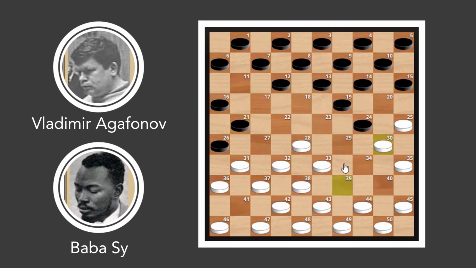Vladimir answered this move by playing 12-18. He moved from 12 to 18. And Babasai replied by playing 44-39. So again, if we draw the square, we see that the vertices 38 and 40 are surrounded by key positions.